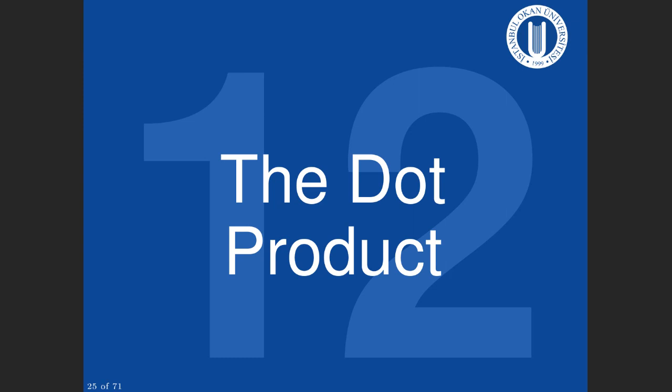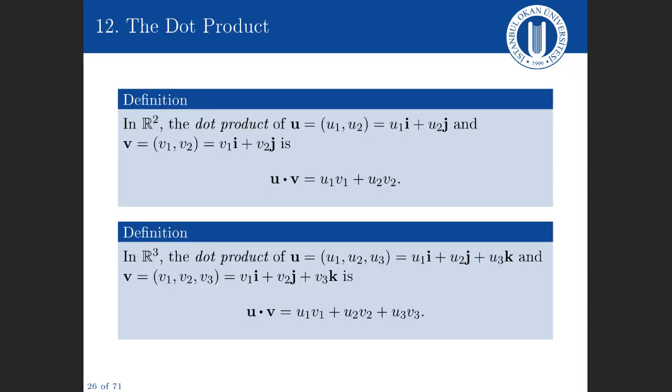That's enough about vectors. How can we use vectors? We cannot multiply two vectors together, but we have another way of combining them, which is called the dot product. If we're in two dimensions, in R squared, then the dot product of u and v is u1 v1 plus u2 v2.